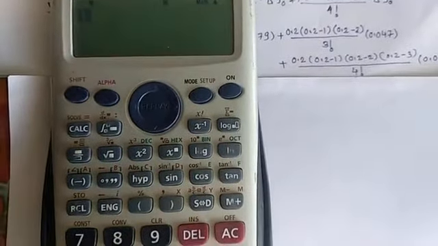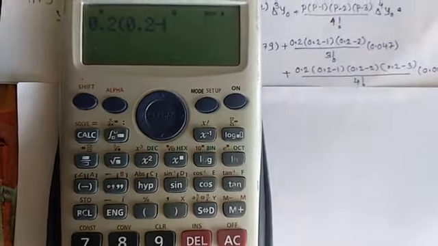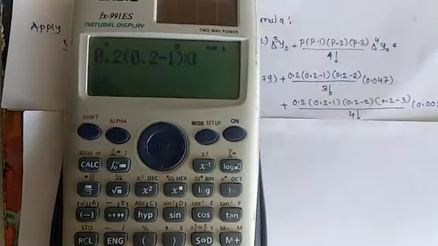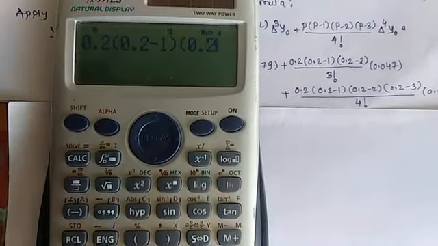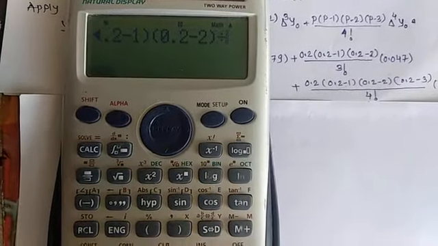Now we will calculate this term. 0.2 into bracket (0.2 minus 1), which is our first bracket, and the second bracket is (0.2 minus 2), and it is divided by 3 factorial.